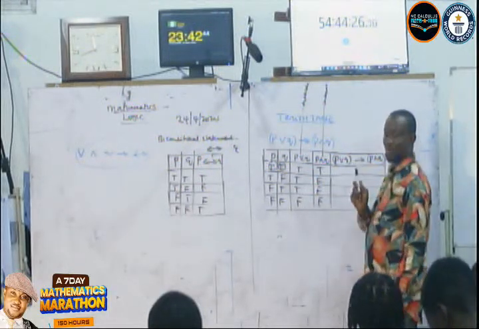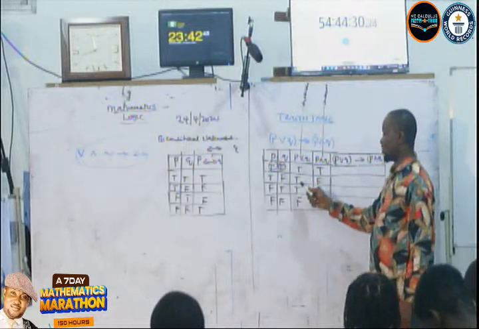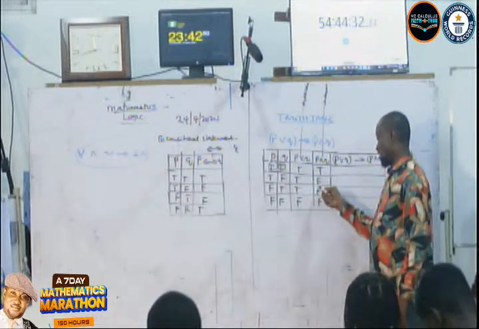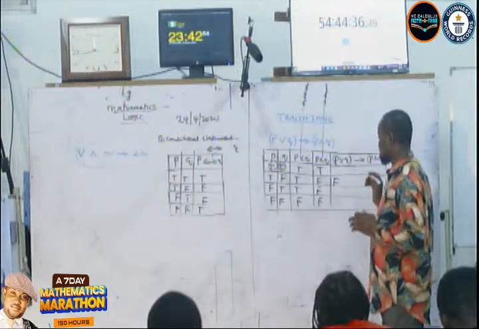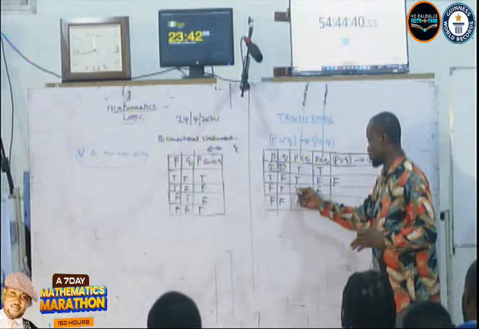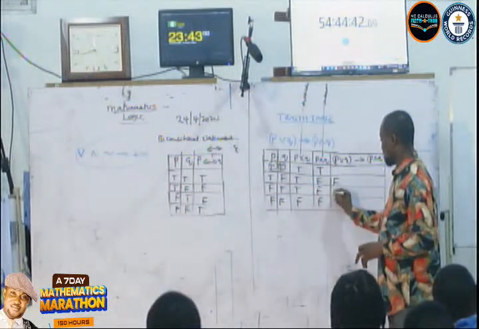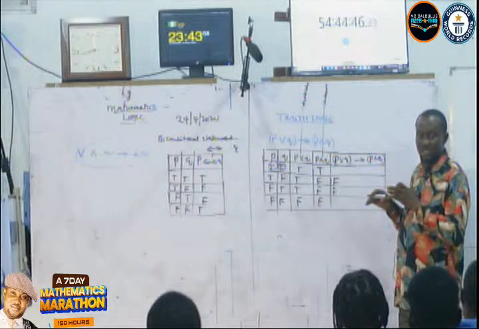It doesn't work, because the law doesn't say that. The law states that when this place is true and this place is false, like what is happening in that column, this place is false. Anything outside that is true.